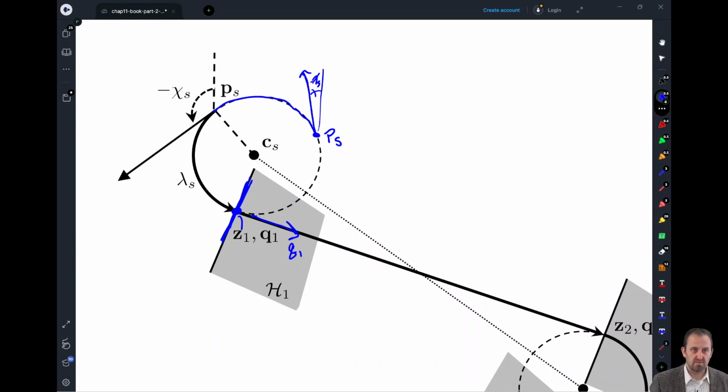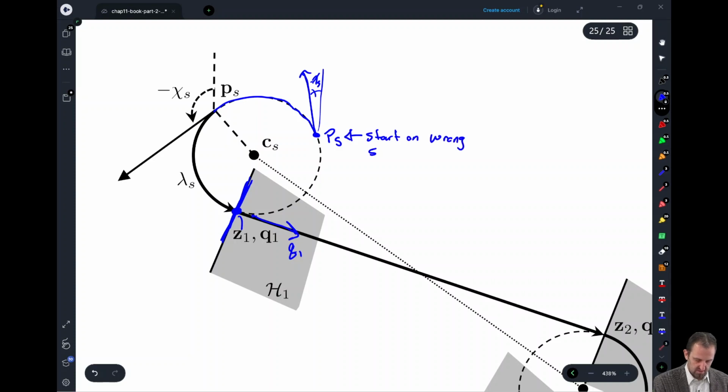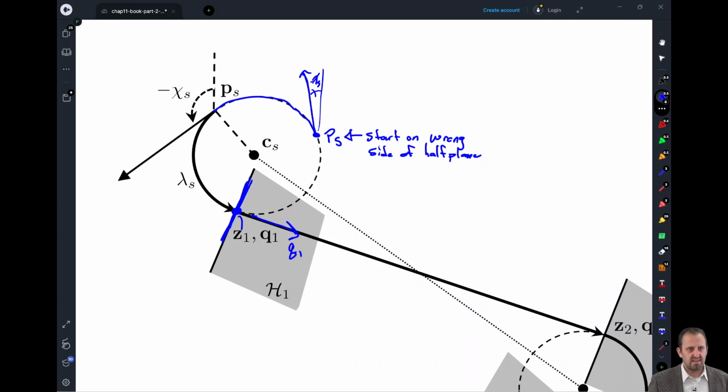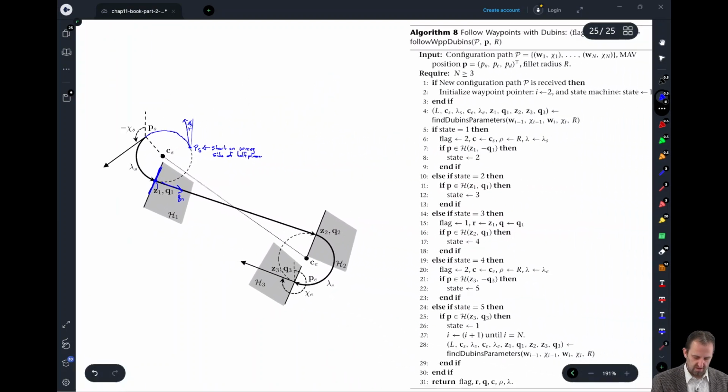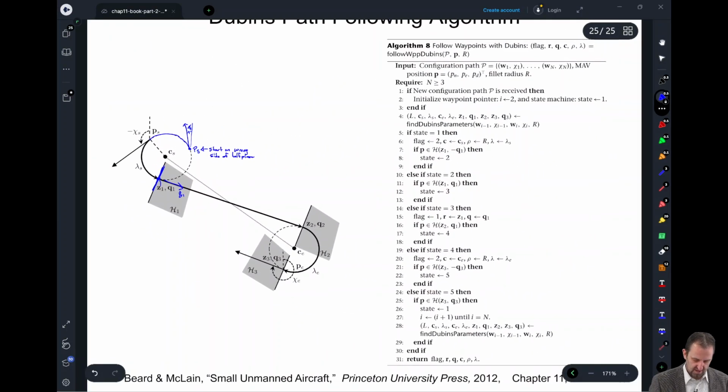This will happen from time to time where we start off on the wrong side of this half plane. So we don't want to trigger our starting condition. If we look at these states, we have more than 3 states, right?